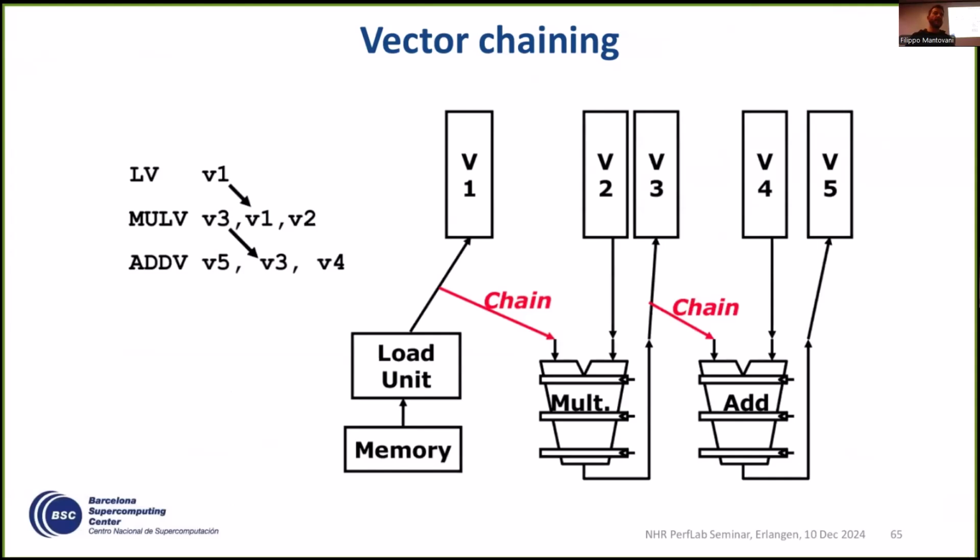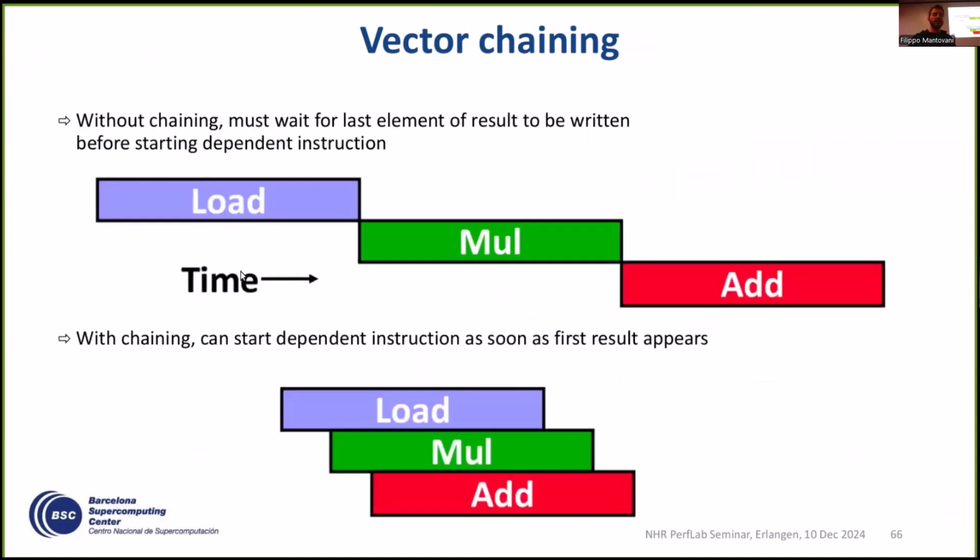I think you are asking this, tell me if it's true: we are vector loading V1, multiplying V1 by V2 and putting the result in V3, and then using V3 for doing a vector add with V4, right? That's precisely the idea. Exactly. So the answer is yes. Instead of doing this, load, mul, add, we can do this.